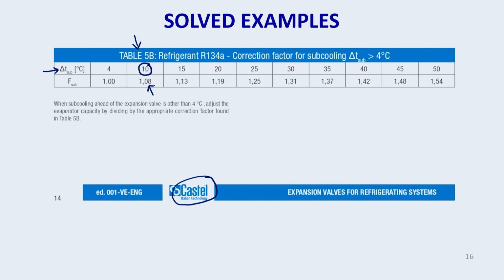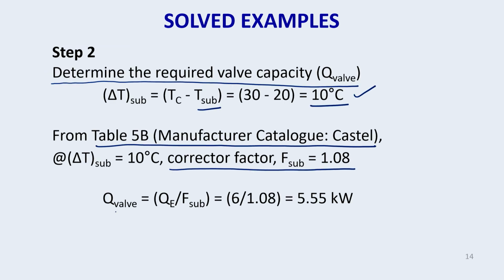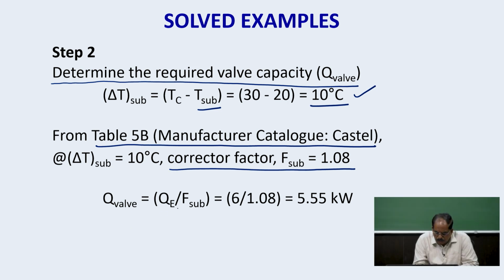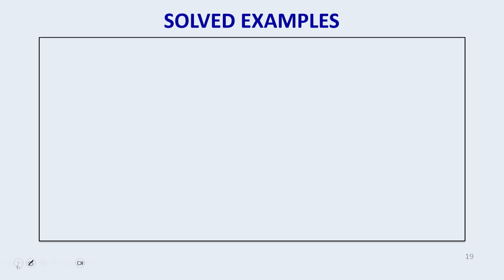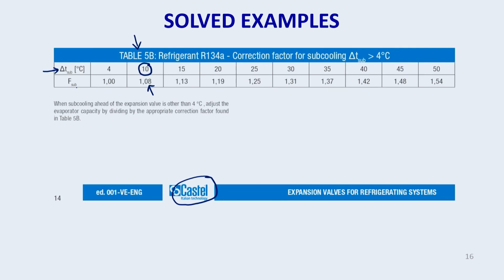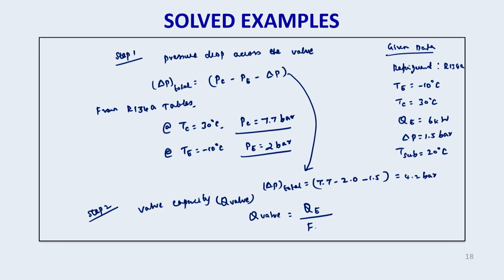Next, using this value, I will find out the valve capacity using the evaporator cooling load divided by the correction factor. So Q valve is equal to evaporator heat load divided by F sub, the correction factor due to subcooling, which has to be taken from the table provided by the manufacturer.